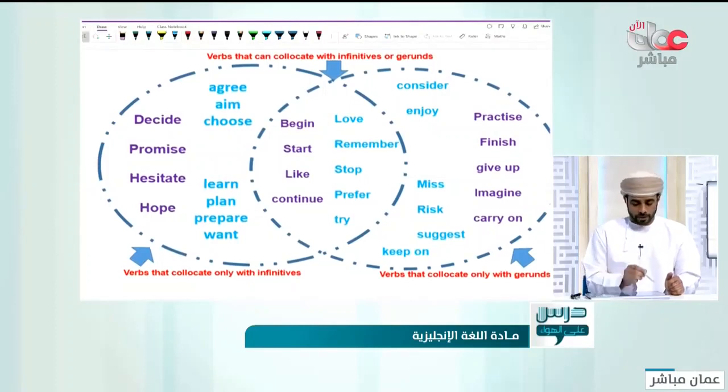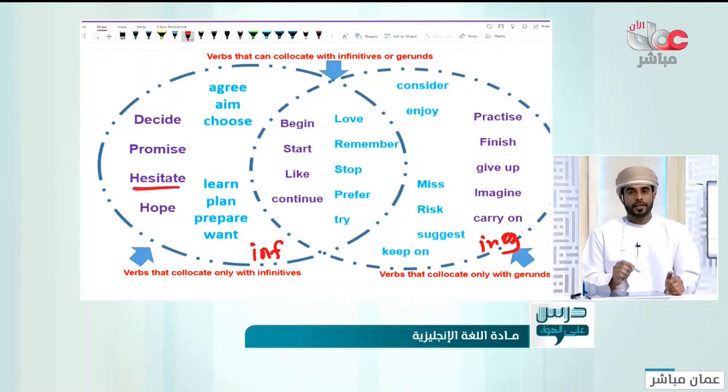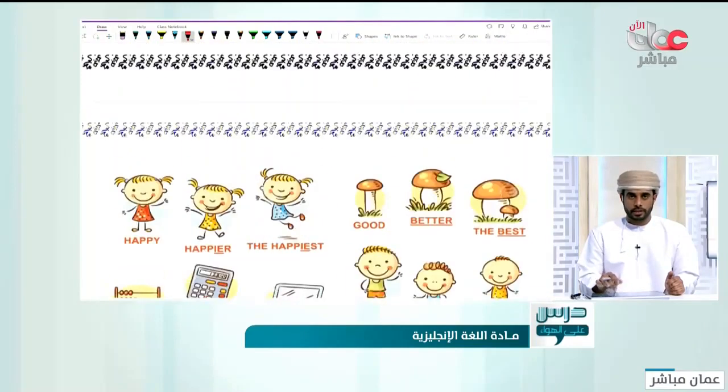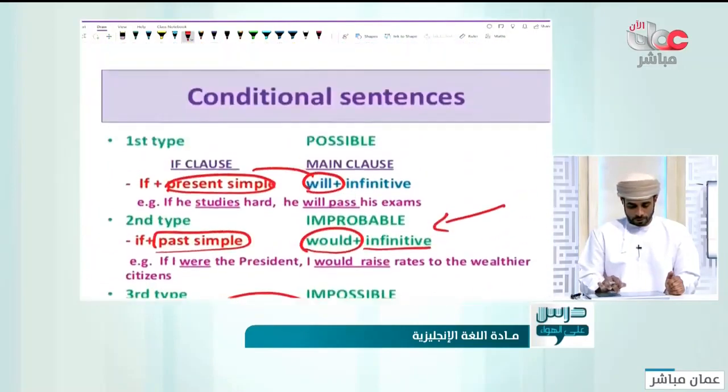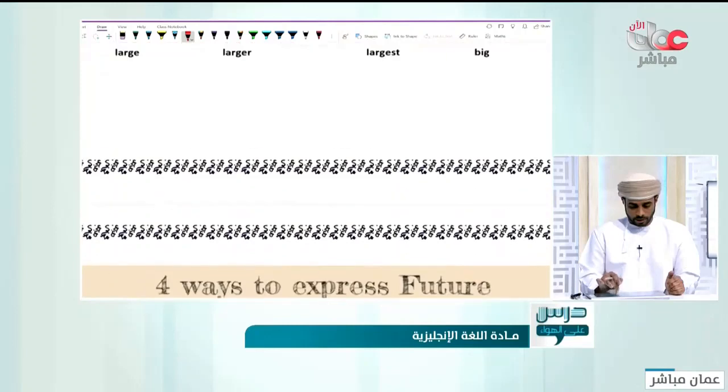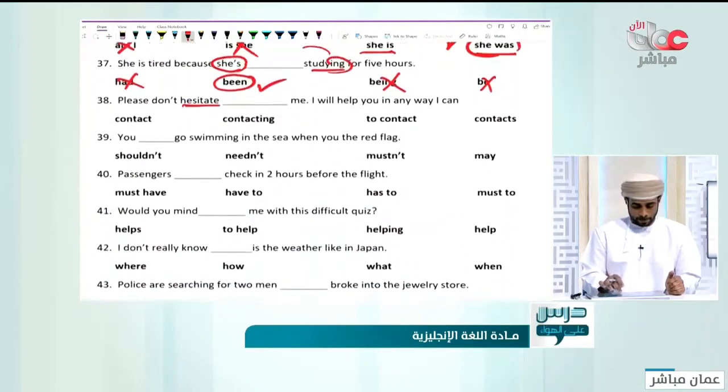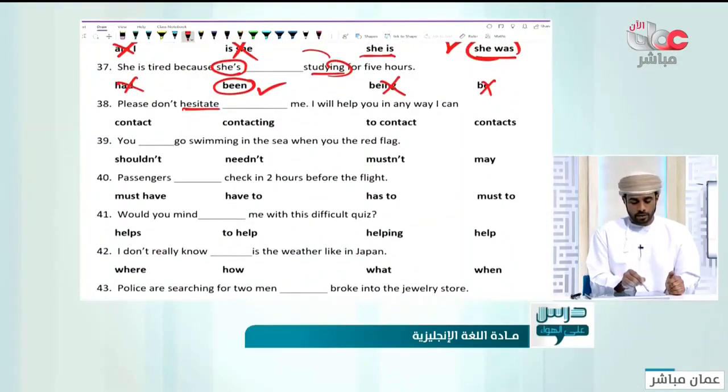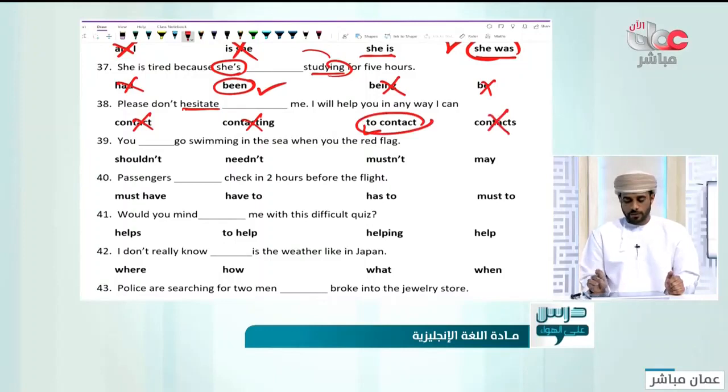So, is it hesitate? This one we use with the infinitive, and this one with the ing, and of course this one is between those two. So hesitate to do certain things. Don't hesitate to do certain things. Good. In here, yes. So please don't hesitate. Contacting, no. To contact, yes. And contacts, no.